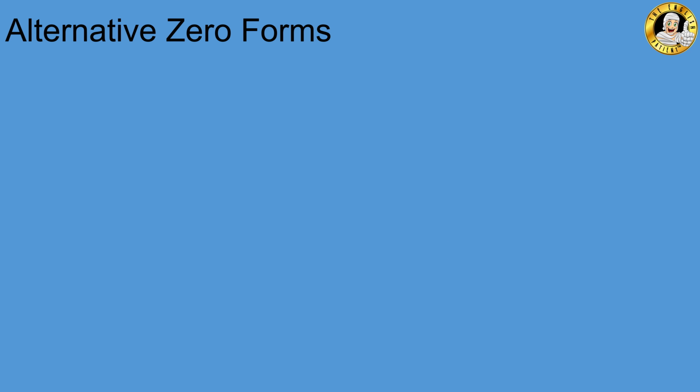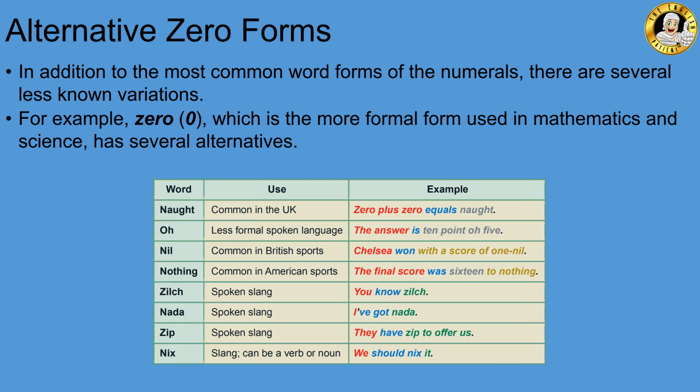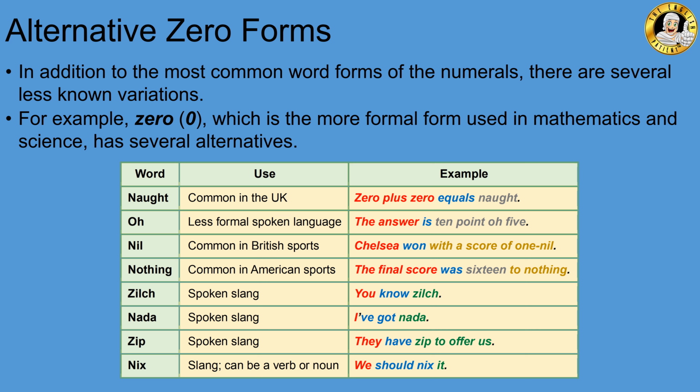Now there are some alternatives to the numbers that we commonly use. For example, zero, which is the more formal form, used in mathematics and sciences, actually has several alternatives as well. So let's take a look at some examples here. Naught.